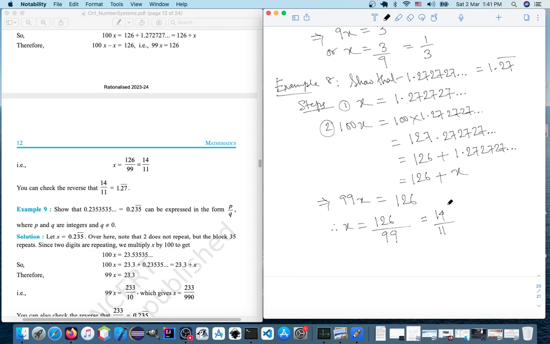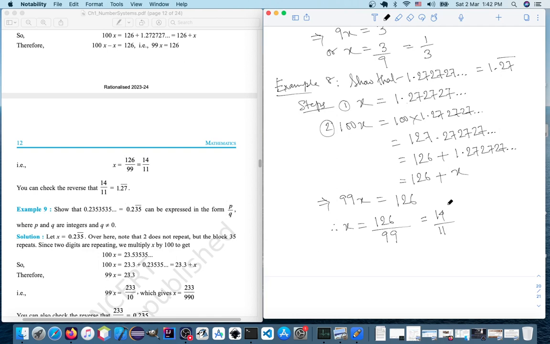So we multiplied here with 100. The steps are the same as before. Just in this case, we multiplied by 100, and we saw that 100x equals 127.272727... So the idea is, on the right hand side, we want to have x again.